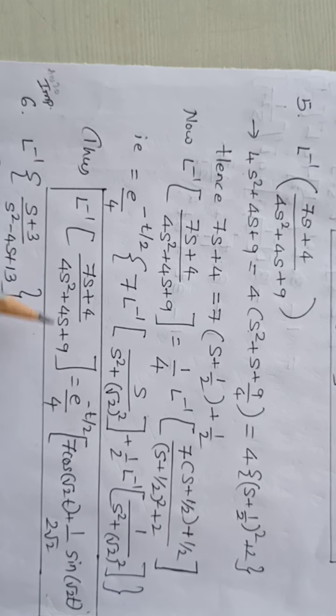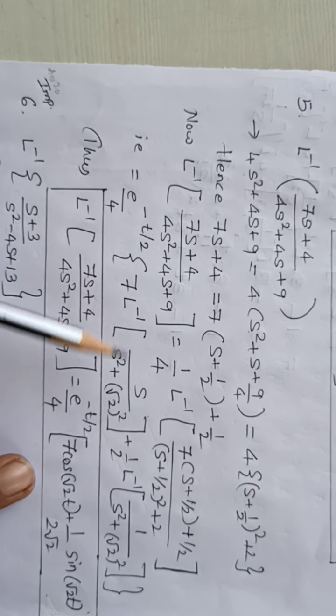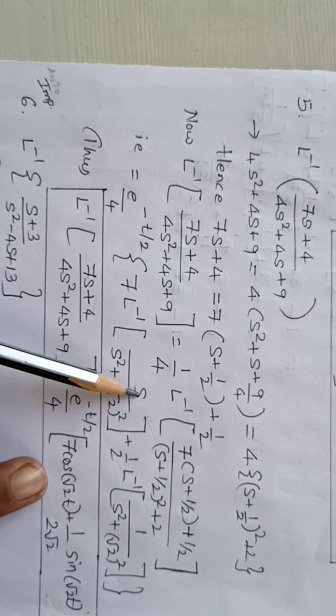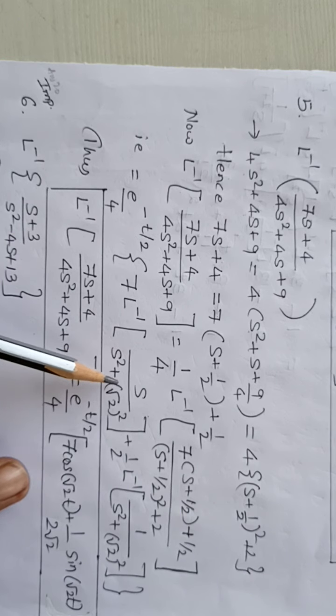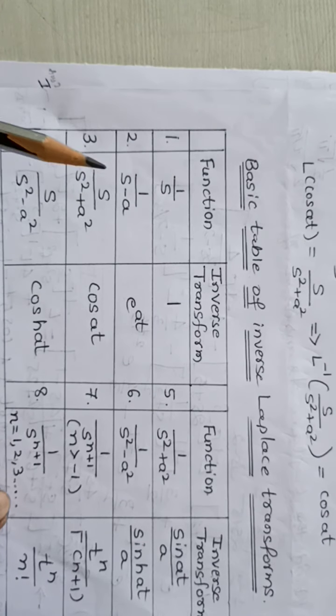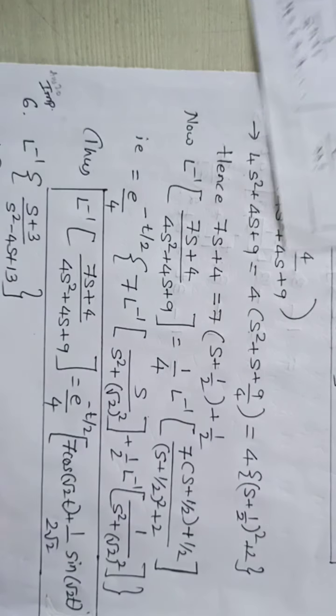Thus Laplace inverse of 7s plus 4 divided by 4s square plus 4s plus 9 is equal to e raised to minus t by 2 by 4, and 7 times Laplace inverse of s upon s square plus a square, which is cos at.